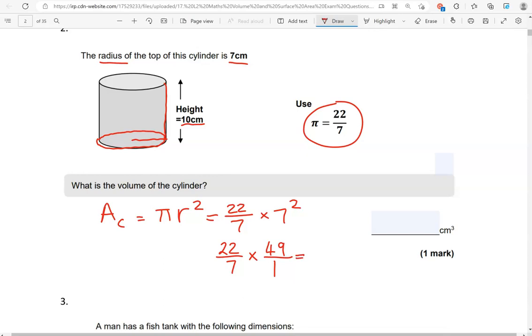I noticed that these two numbers that we've got across, 7 and 49, I can simplify them, but only when they are across, like this. So we've got 7 divided by 7, which gives us 1, and 49 divided by 7, which gives us 7. So that makes the numbers easier to work with. So all we're doing now is 22 times 7.